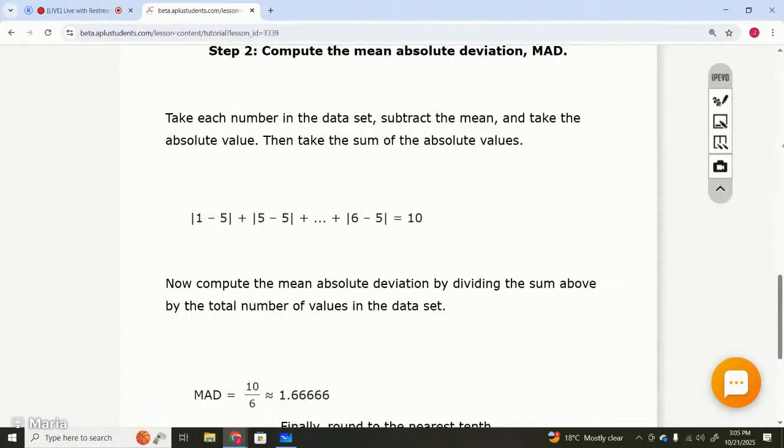Now for each number in the dataset, subtract the mean and calculate the absolute value. Then take the sum of the absolute values. Like every number you have to subtract from the mean. So you need to add them. The sum is equal to 10.